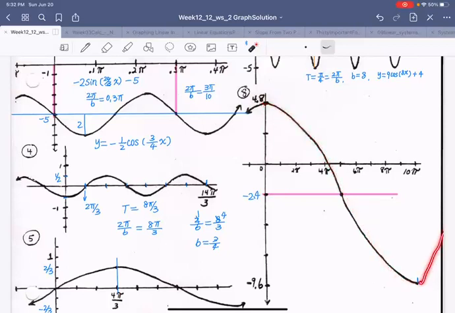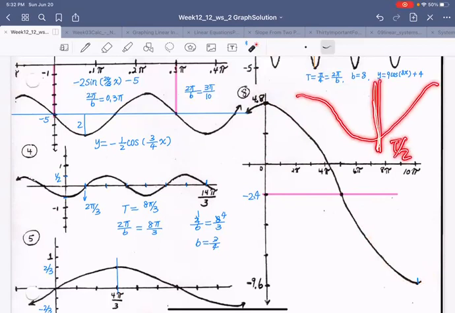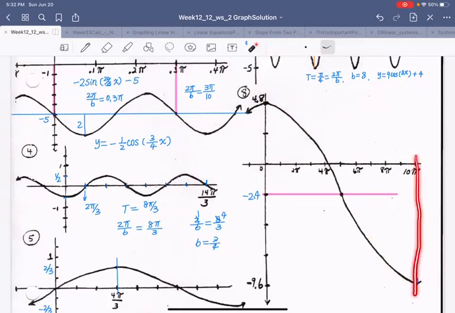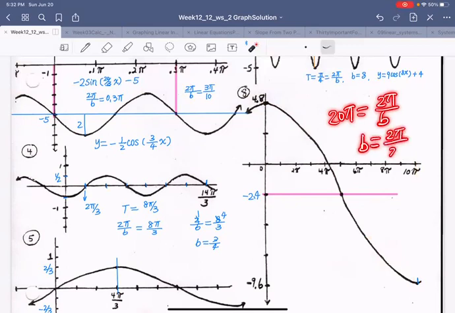I'm not able to draw. So this is a cosine, and here is T over 2. So your T equals 20 pi. 20 pi equals 2 pi over b. So your b is 2 pi over 20 pi, which is 1 over 10.